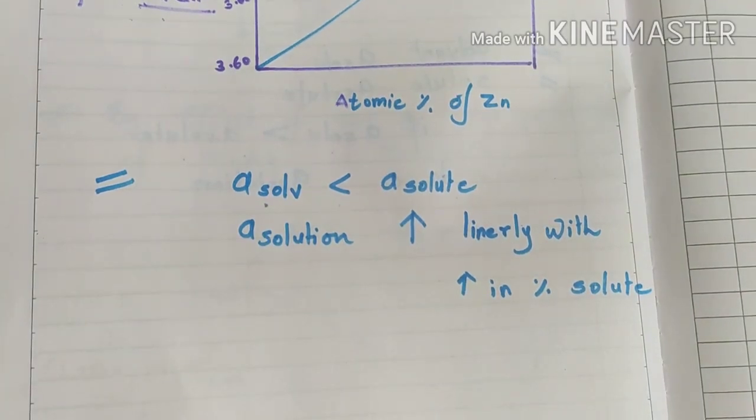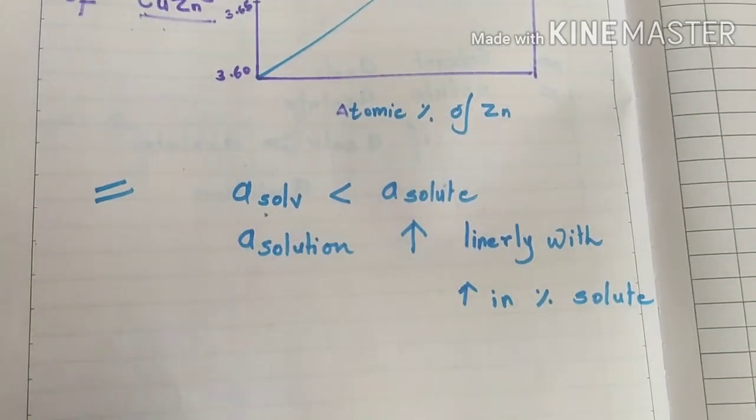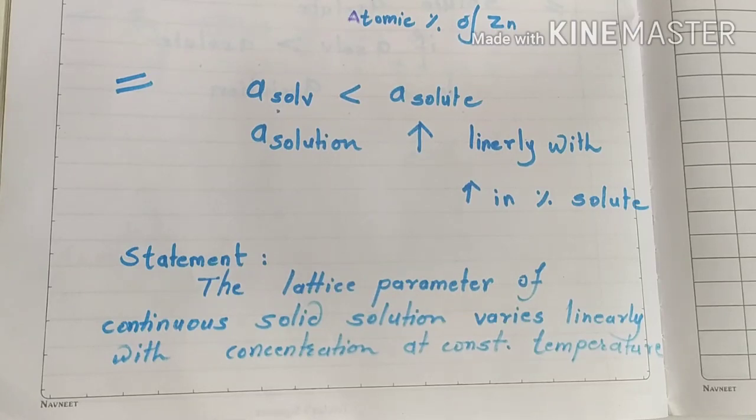So if asked about the statement of Vegard's law, we can say the lattice parameter of a continuous solid solution varies linearly with the concentration at constant temperature. This is the statement for Vegard's law, but this law is not an exact science.